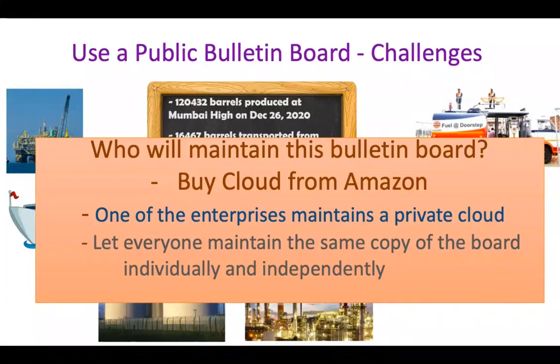In a distributed system, the same copy is maintained by every individual in the network, and they are independent of each other. If any change happens at one entity, it must be updated at the other entities. So distribution means everyone can control that information and everyone can be involved in that information.